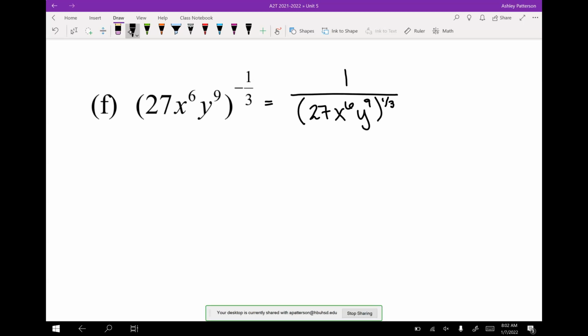Apply that negative exponent property so that you can then move on and not have to think about it again. Let's distribute. We get 1 over 27 to the 1/3 power, x to the 6/3 power, and y to the 9/3 power.